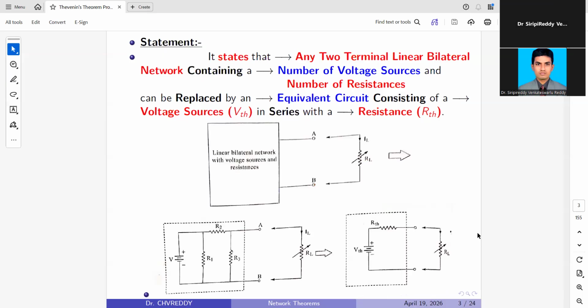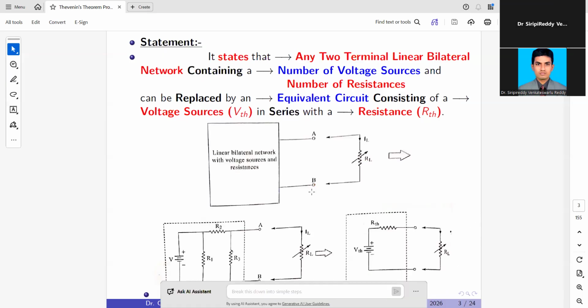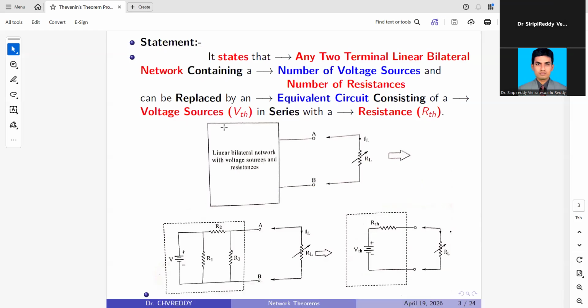If you observe this figure, this is any two-terminal linear bilateral network. This is one terminal A, this is another terminal B.